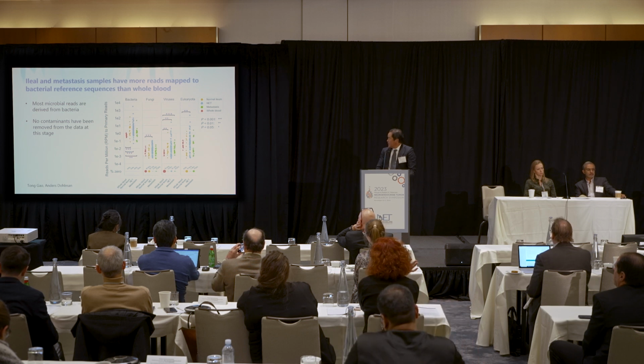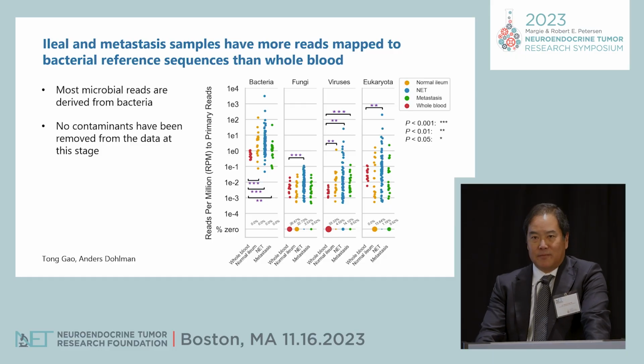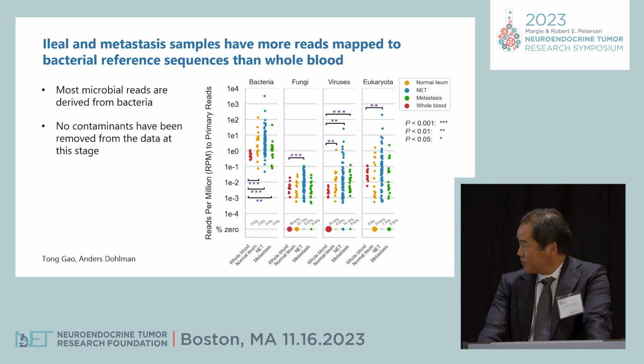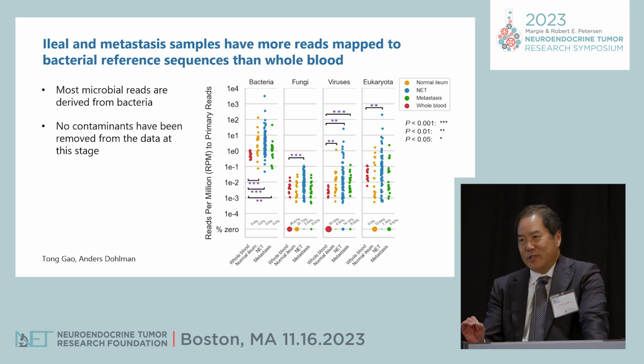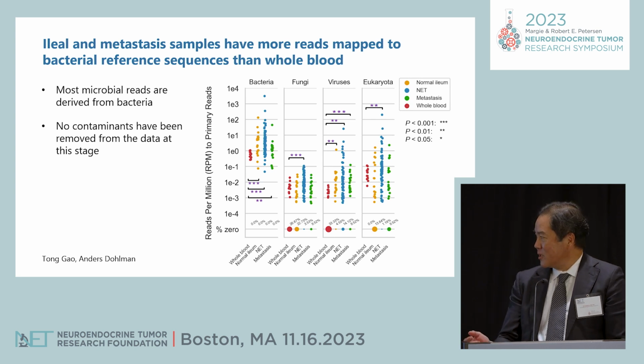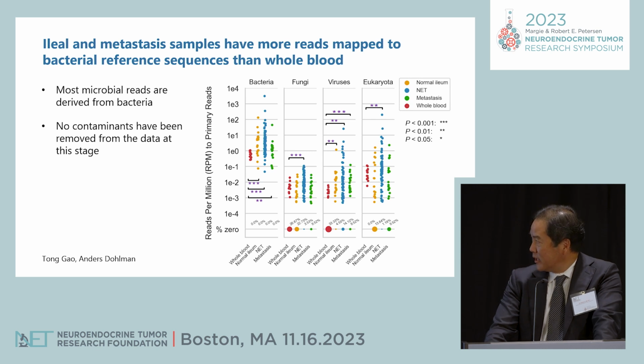So when we look at the major groups of microbial reads that were found in this tumor set, you can see that the bacterial reads were probably the most abundant microbial reads that we identified in these patients. We found increased bacterial reads in the normal ileum, the primary tumors, as well as the metastases compared to the normal blood.